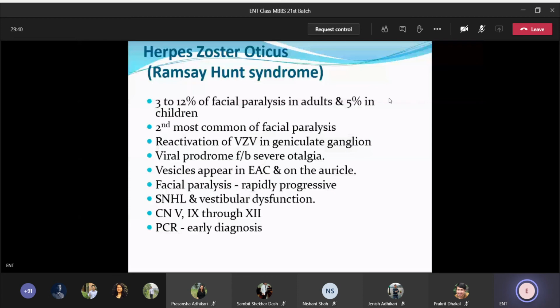Right? And there is a viral prodrome followed by severe otalgia. So there is a viral syndrome like URTI, then severe otalgia, and vesicles appear in the external canal or around the auricle.